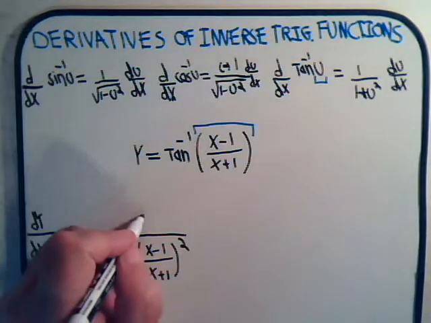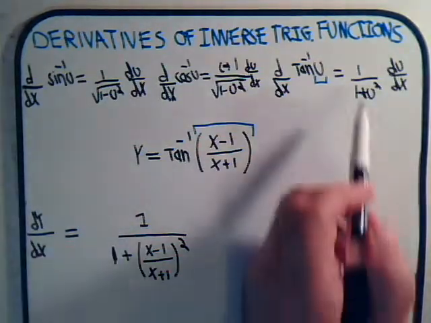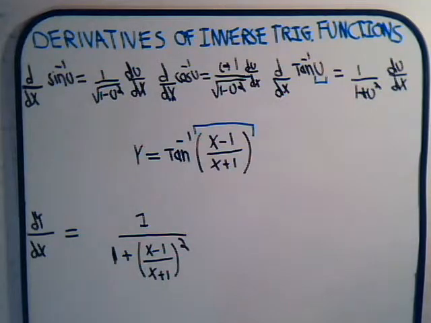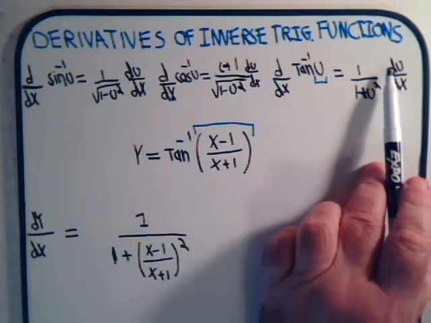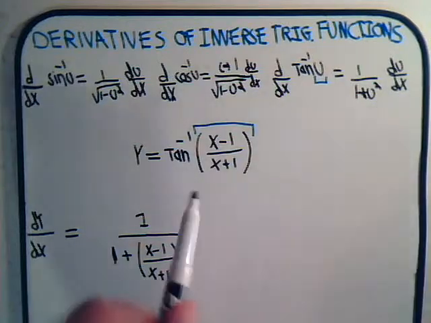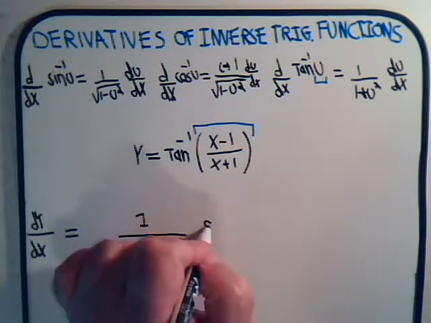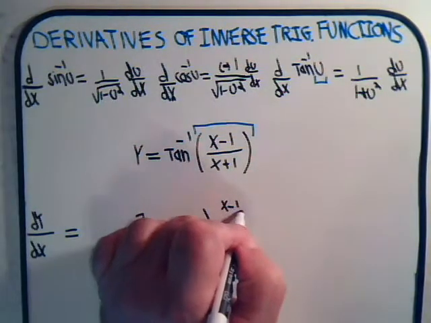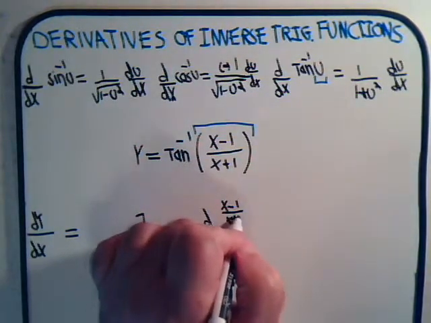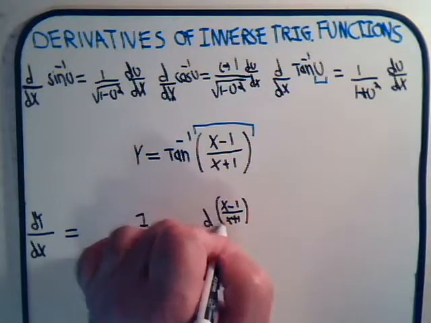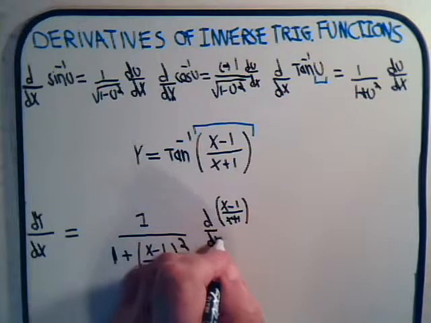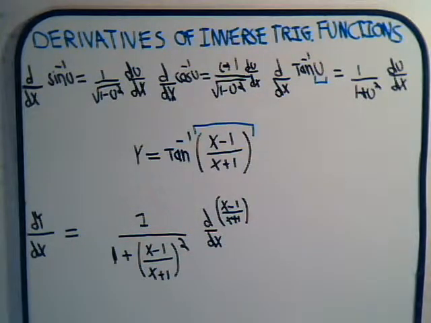And it is 1 over that, 1 over 1 plus the u squared. And then we have to take the derivative of u with respect to x, so we have to take the derivative of x minus 1 divided by x plus 1, this rational function here, with respect to x. And that will be the dy dx.